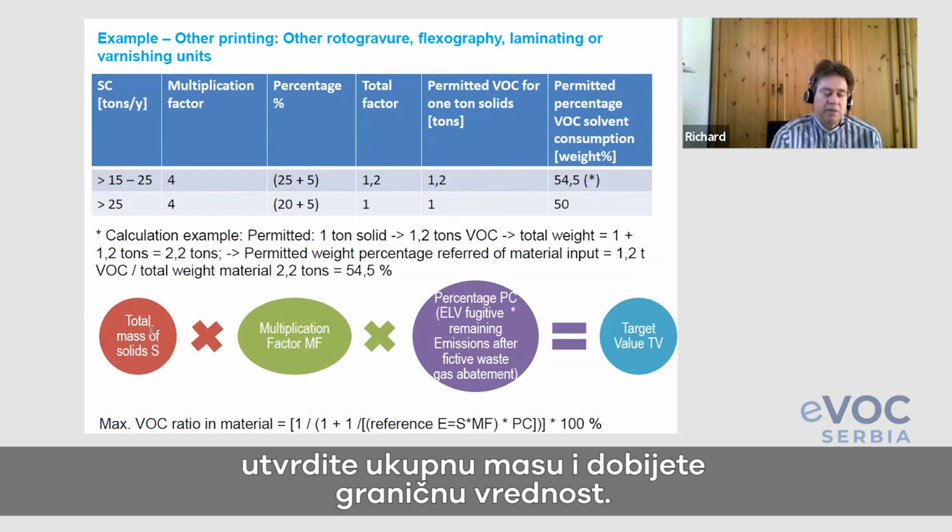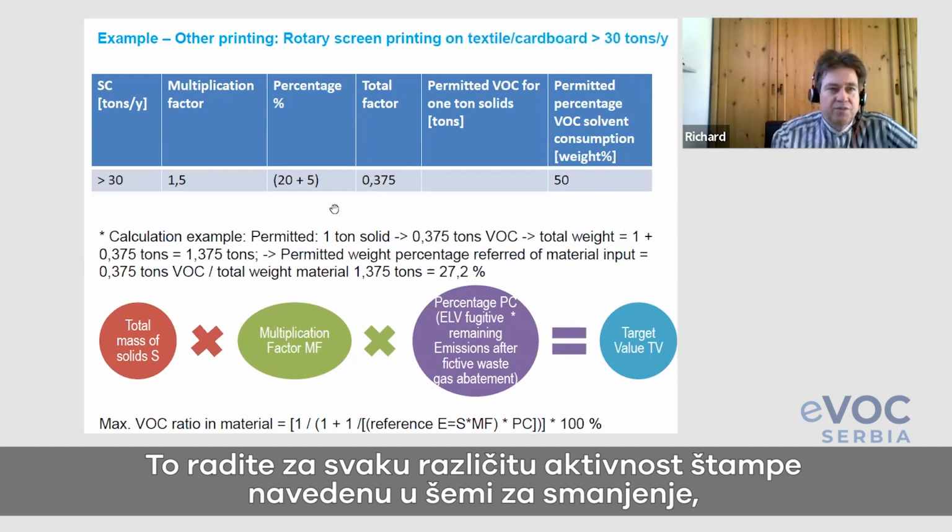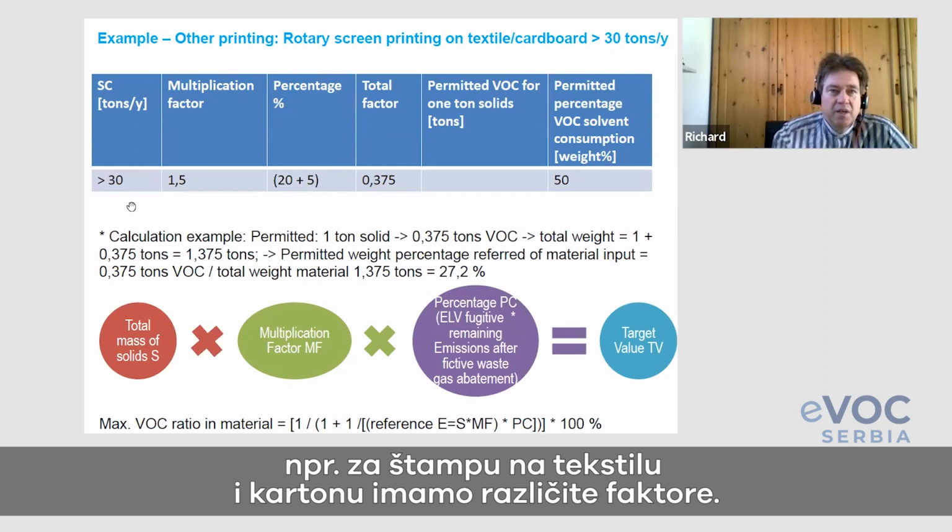So you must determine the total mass and multiply it, and so you get this limit value. You can do this for each of the different printing types that are listed under the chapter reduction scheme, because for example for textile and cardboard printing, we have different factors.